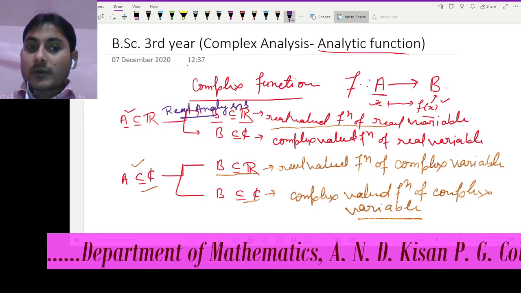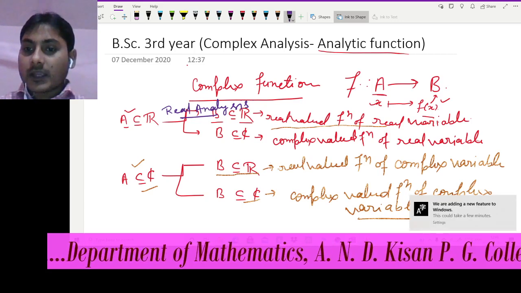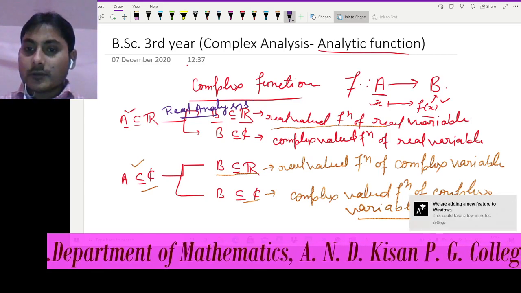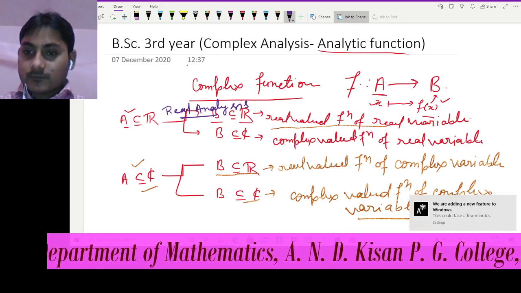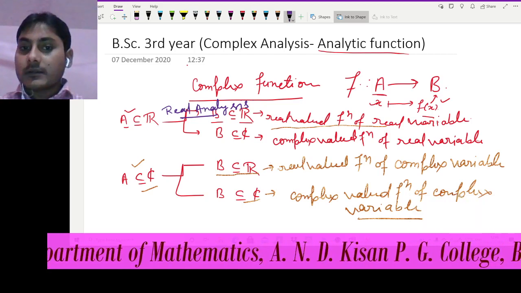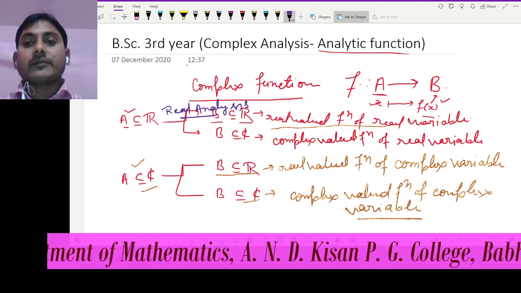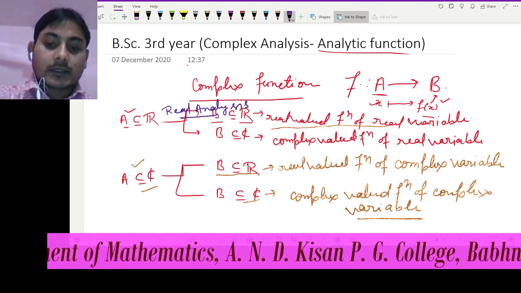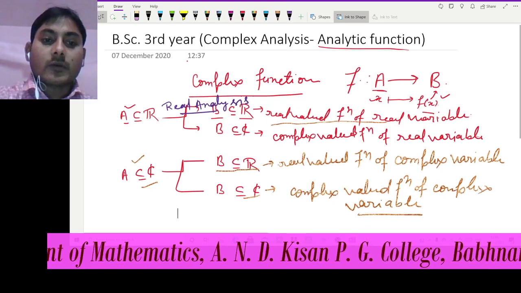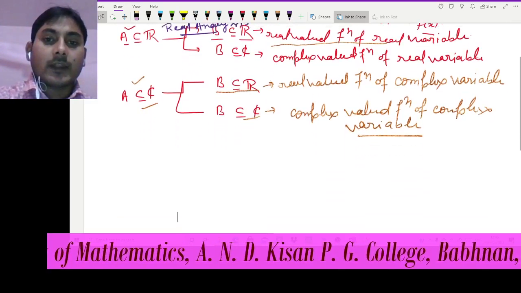And the second one I have already defined for you, the complex valued function of a real variable. This was already defined in the previous class, which occurred offline.